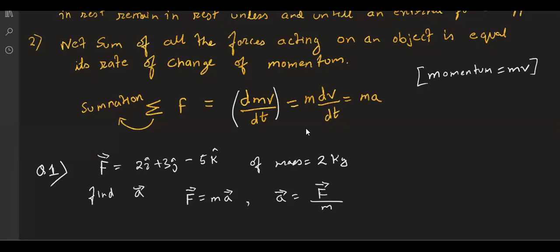Okay, so I guess everyone is clear. So the answer is this now, right? Just divide this by 2. So it will be i cap plus 3 by 2 j cap minus 5 by 2 k cap. As simple as that. Just divide everything by 2. Okay, everyone, now let's see the second problem.